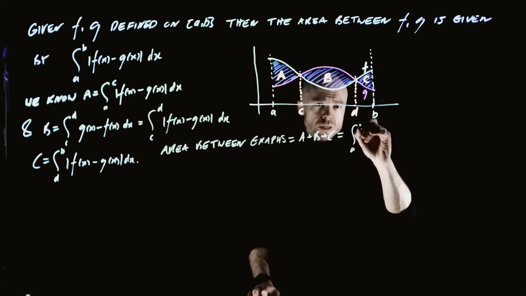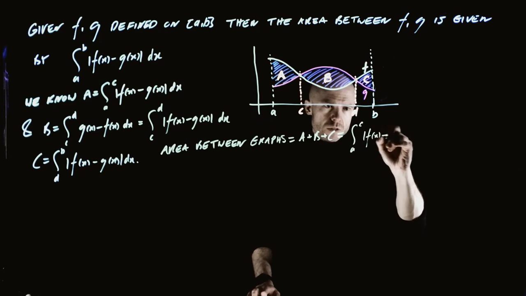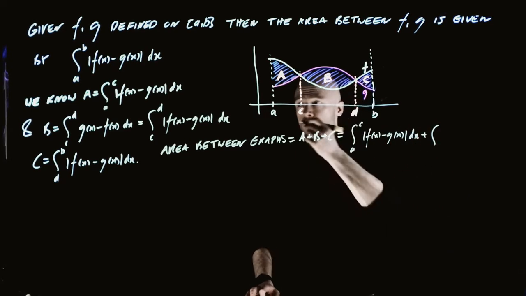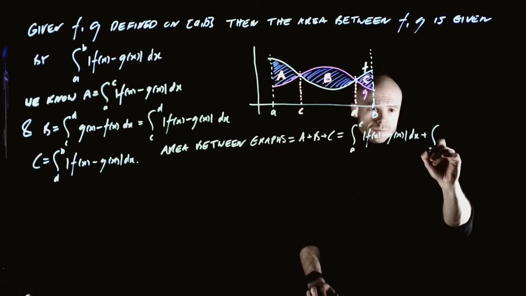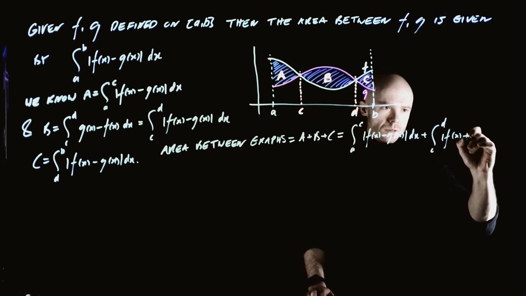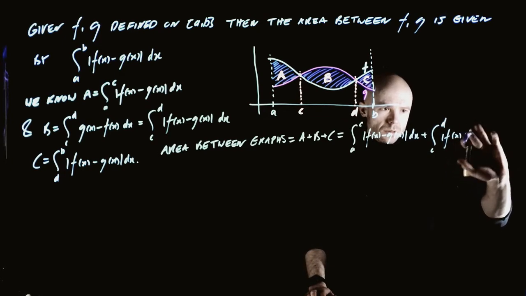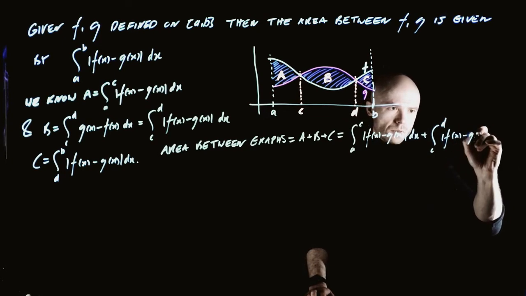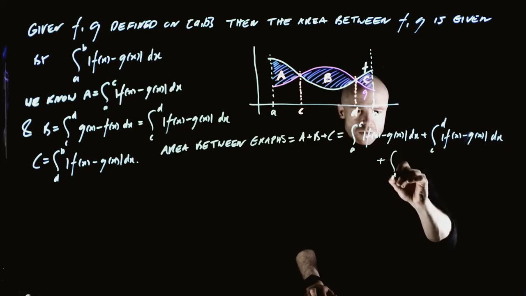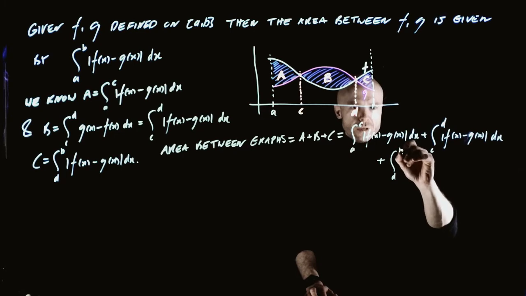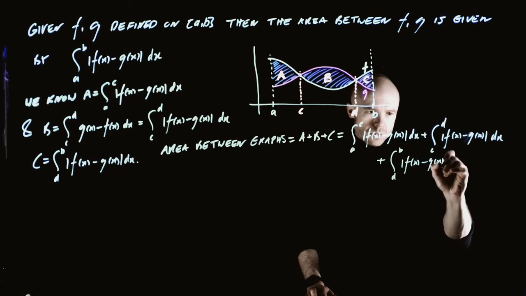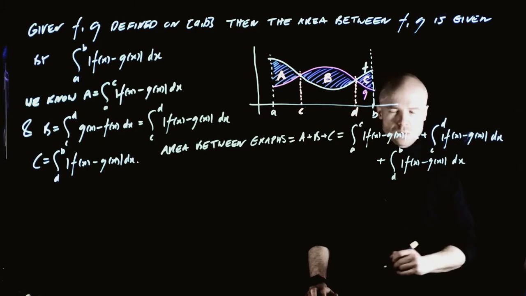So this is the integral from a to c of f of x minus g of x dx, plus the integral from c to d of f of x minus g of x, plus the integral from d to b.